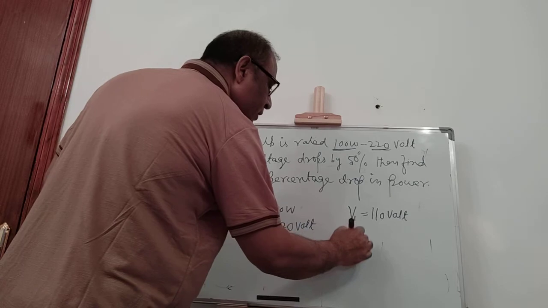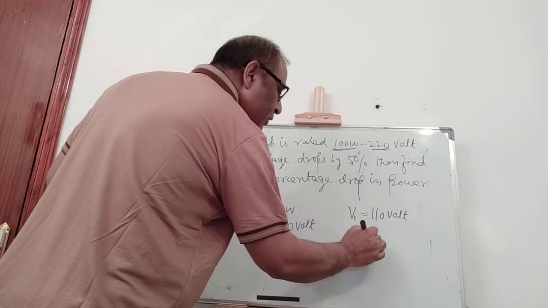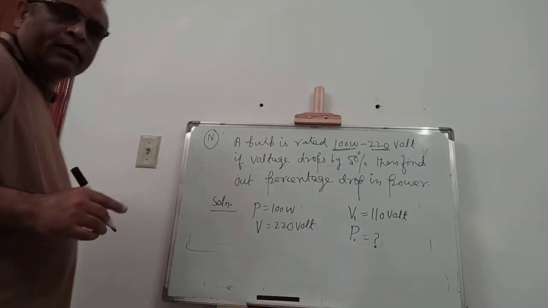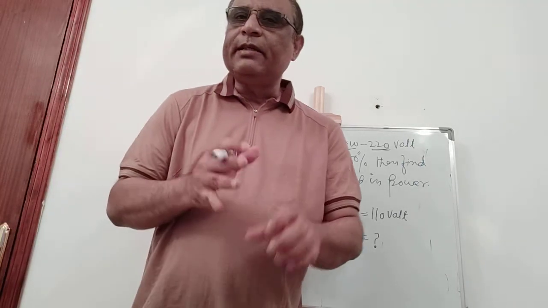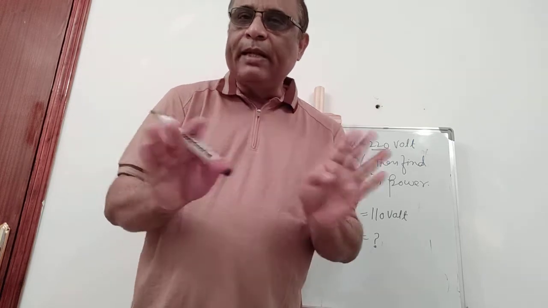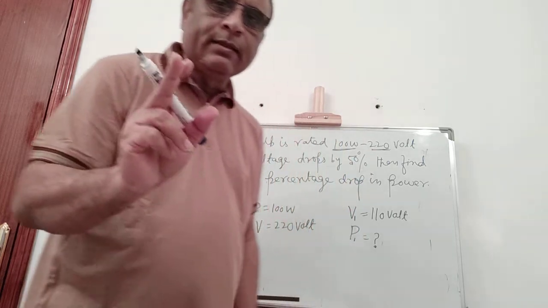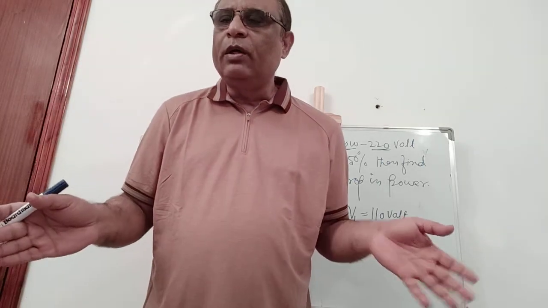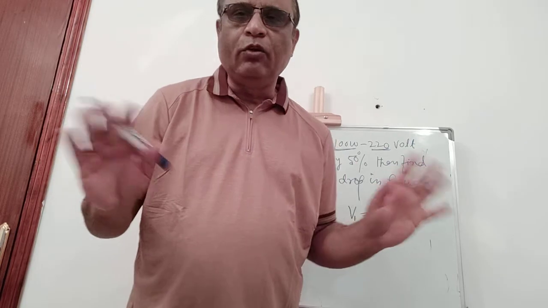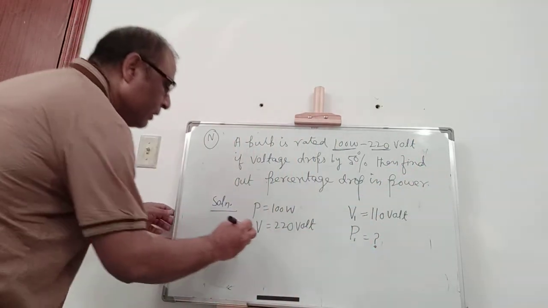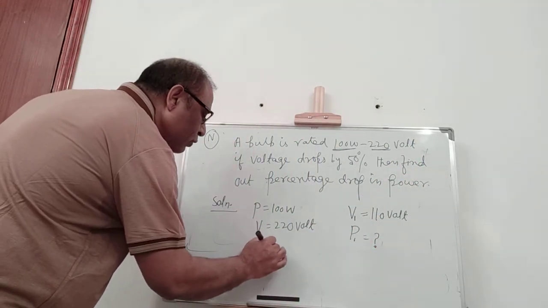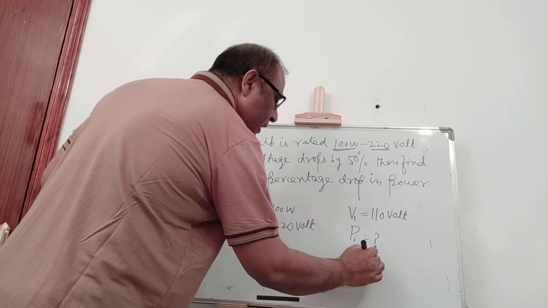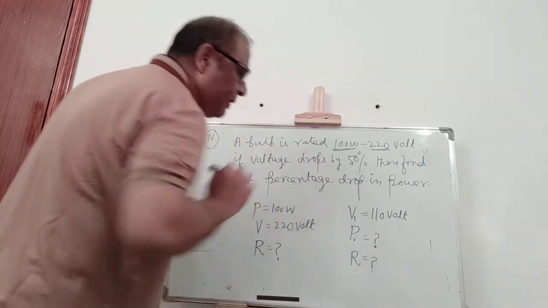Then the question is new power P1 is equal to question mark. One thing is very clear: because potential changes, current changes, but one factor, resistance, remains constant. We know very well by Ohm's law, resistance doesn't depend upon V and I in the normal condition, in the ohmic conductor. So R is the same in both.